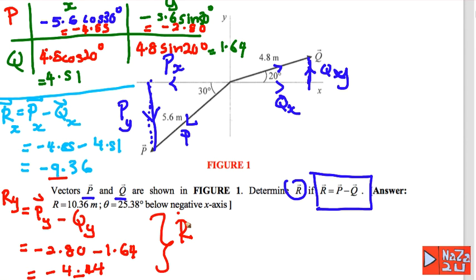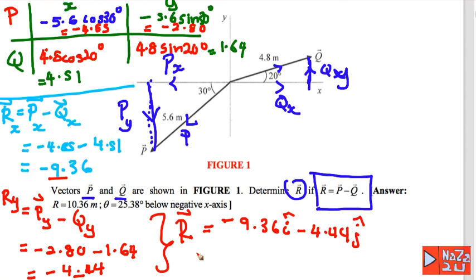Vector R in unit vector form is minus 9.36i minus 4.44j.